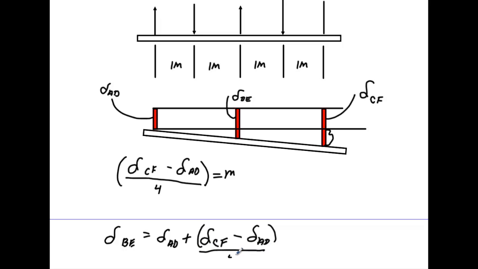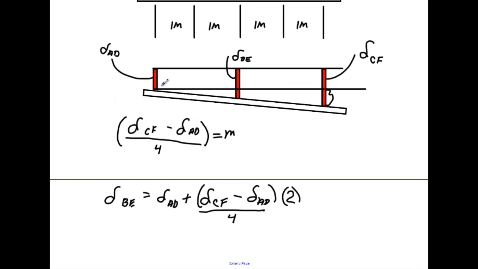Again, there's my m value, and all I have to do is multiply that by 2. Because again, you're basically doing y equals mx plus b, where b in this case is going to be the deflection of AD. That's like your y-intercept. This is going to be your slope, and this is going to be your x value.